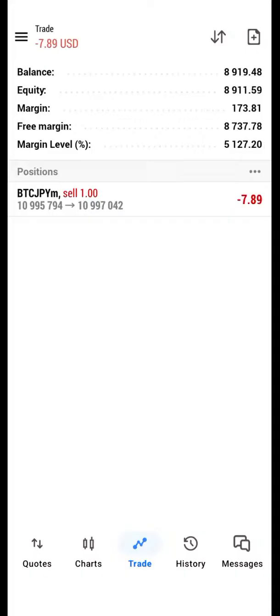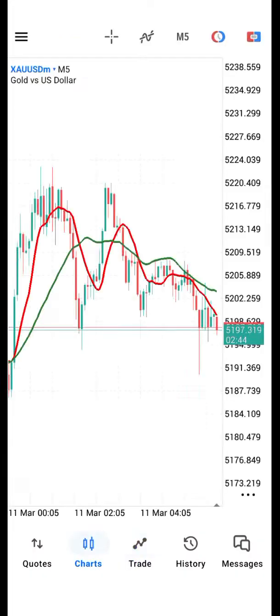Instead of selling, it started creating small higher highs, acting like it's going up. I was like, this 1 minute, what is happening? I started buying. Immediately I bought, the 1 minute took me out.